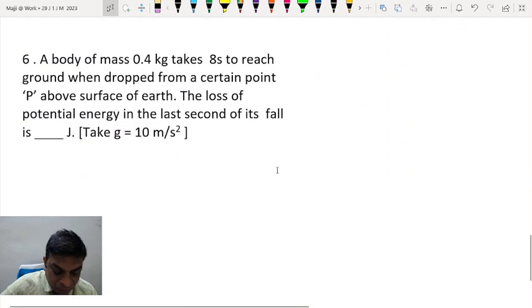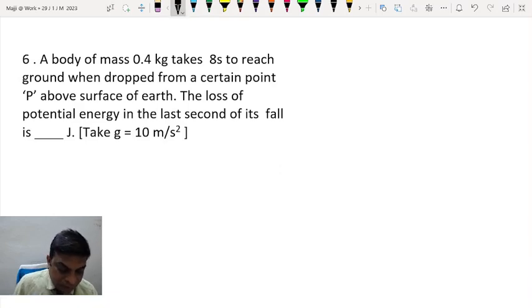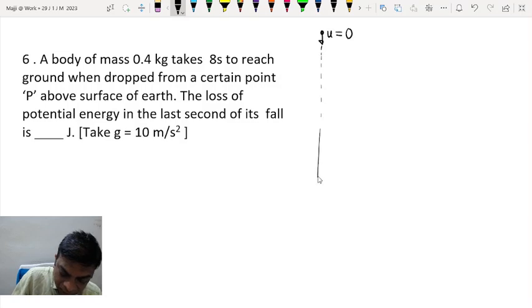A body of mass 0.4 kg takes 8 seconds to reach ground when dropped from a certain point P above the surface of Earth. The loss of potential energy in the last second of its fall is. So a ball is dropped from a certain height. It takes 8 seconds to come here. During the last second means prior to this, the time is 7 seconds.